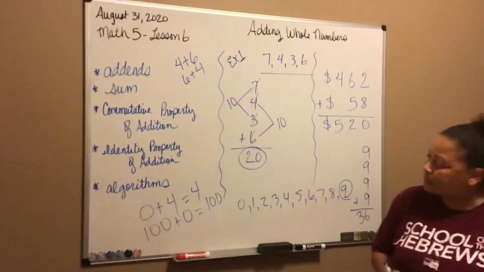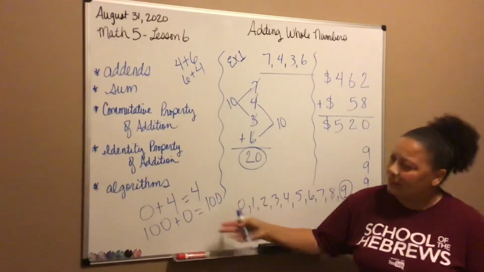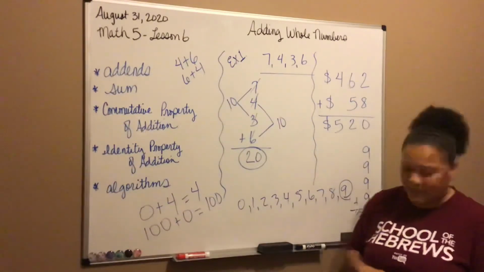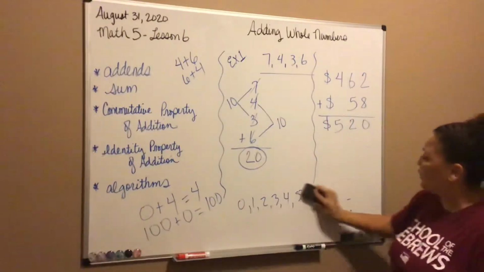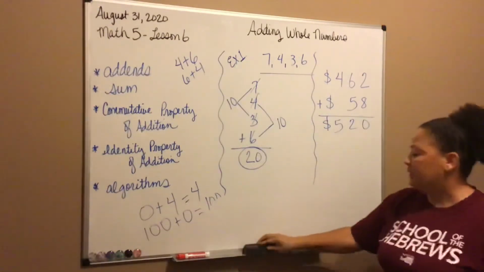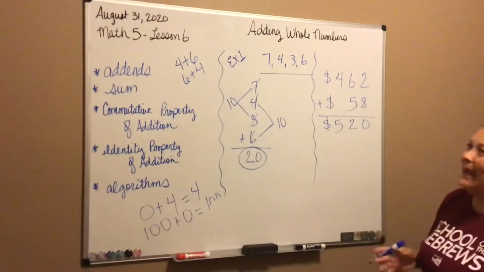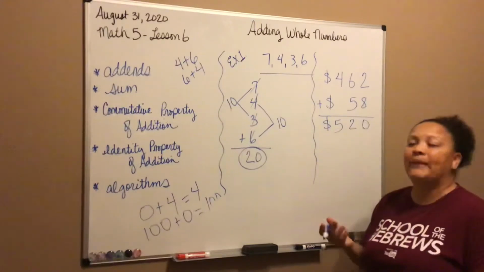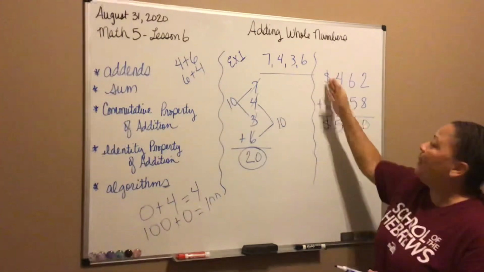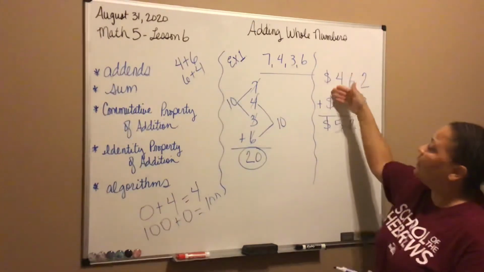So we discussed the identity property of addition, and so we're moving on to example number 3. So here I have example number 3 set up for you, and it is talking about adding whole numbers. So in this case, we're dealing with money. Notice that my money symbols are lined up, okay?